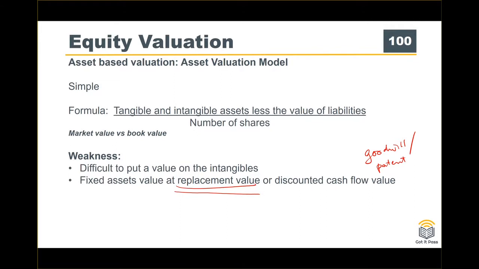The replacement value of the machinery may be only 10 million. But if the machines can produce goods that are unique in the market with their goodwill and patents, the value may be much higher than 10 million. If the replacement value is so low, it does not give a true picture of the assets.